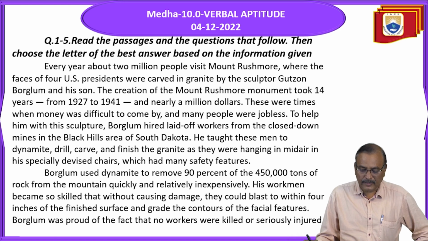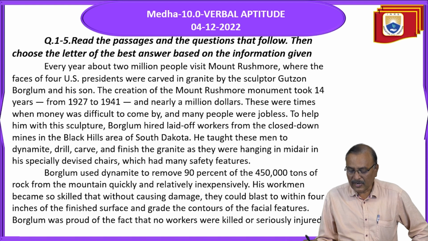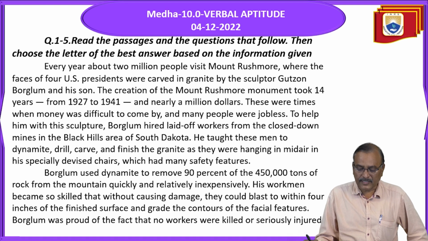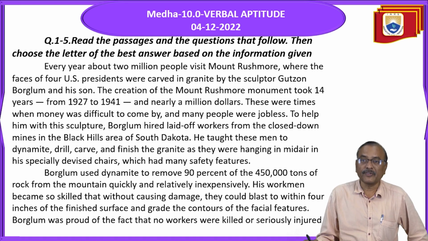Borglum used dynamite to remove 90% of the 450,000 tons of rock from the mountain quickly and relatively inexpensively. His workmen became so skilled that without causing damage, they could blast to within 4 inches of the finished surface and grade the contours of the facial features.